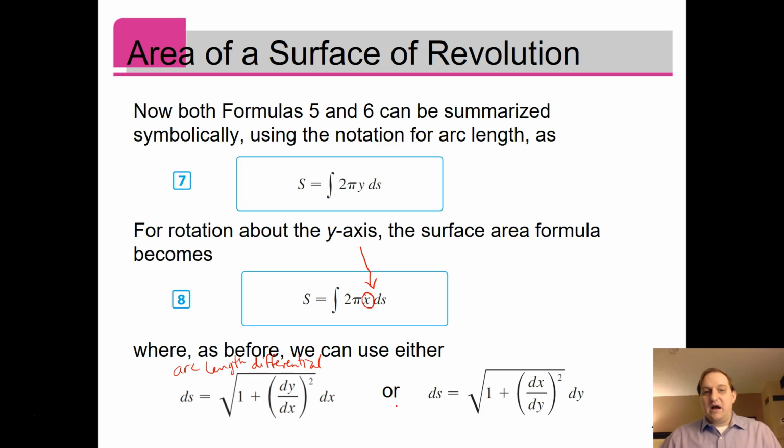Oftentimes you'll see surface area notated that way to make the definition more concise, and so you can see the parallels in how arc length connects to surface area. I write it all out on the formula sheet, but that's the connection. I think that's all the technical stuff. Now that I've explained where this formula comes from in painstaking detail, it's time to do the examples.